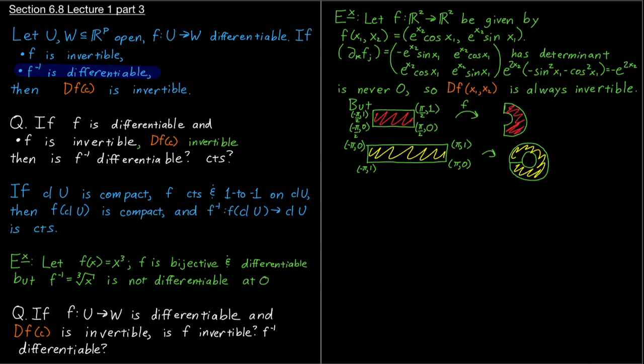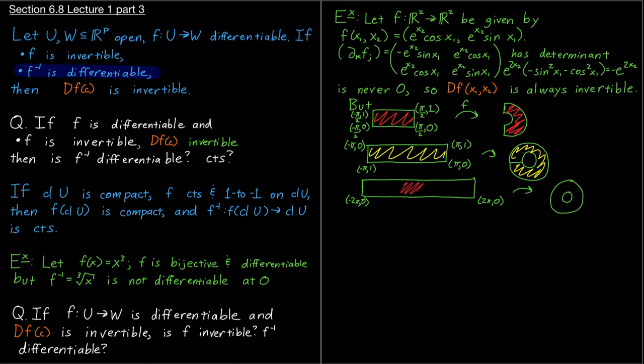And then if you take a very long strip as your domain, that's still going to map to the annulus, but it's going to double count.